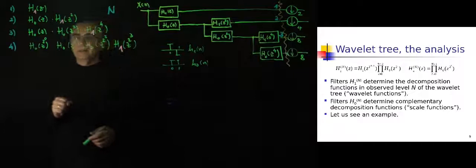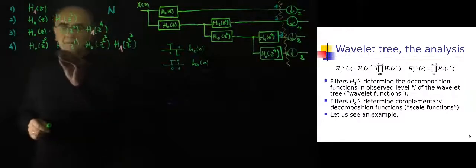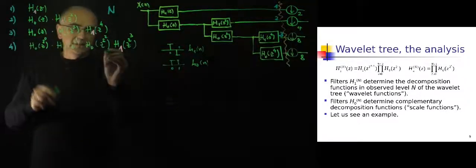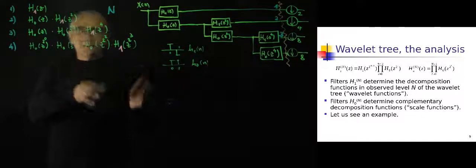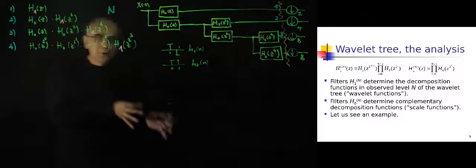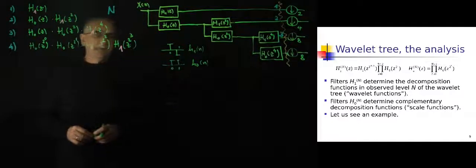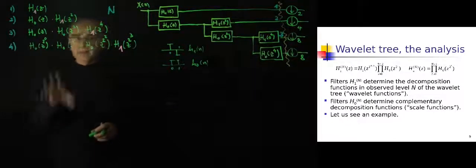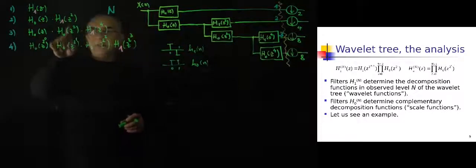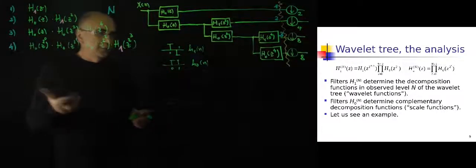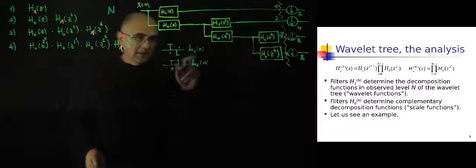Now the product in the Z domain or in the frequency domain corresponds to convolution in the time domain. But still we have that problem, which is, what does it mean, Z to the power of 2? Okay, let's go to the Z domain.